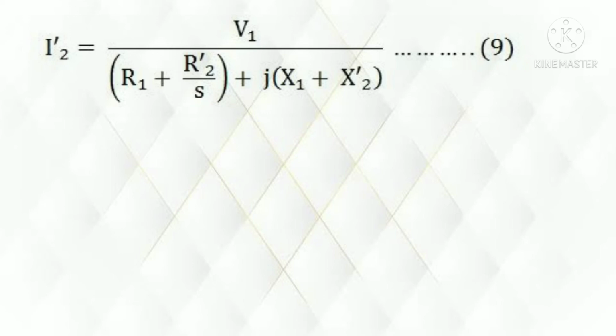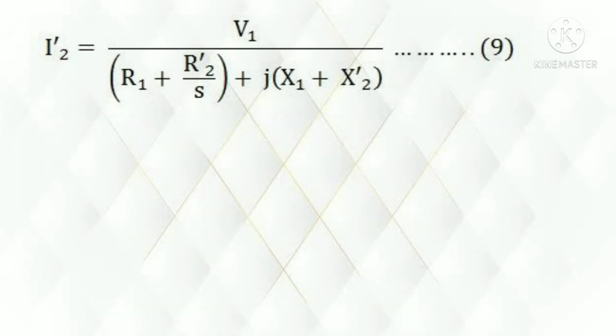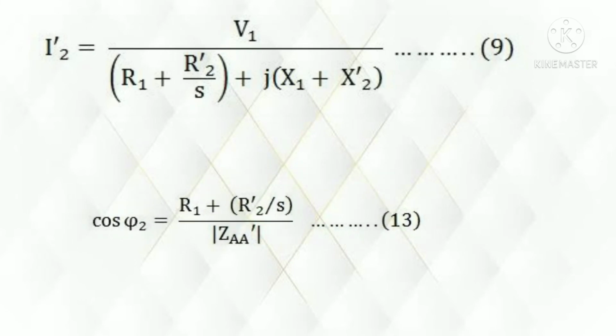It has a magnitude and also has an angle. This angle is the power factor angle of the current I2 dash. This power factor angle phi 2 dash and the power factor cos phi 2 is given by R1 plus R2 dash by S plus Z dash.